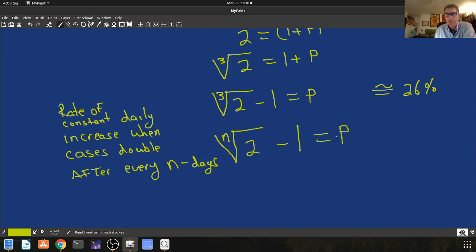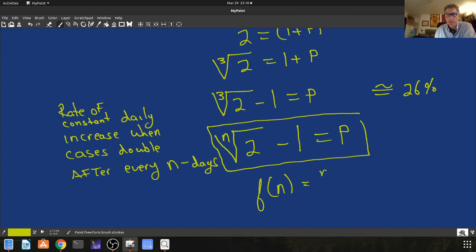And if you were to graph this particular formula, in other words, f of n is equal to the nth root of 2 minus 1, which is equal to P, you will see that as n increases, P decreases.